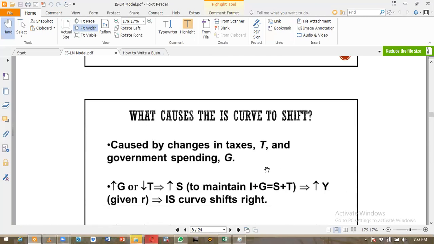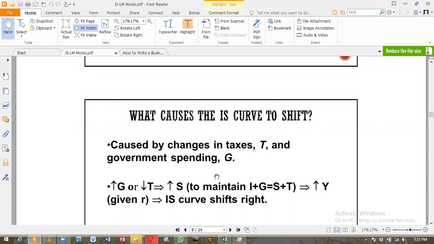What causes the IS curve to shift? It can shift when there's a change in tax or a change in government spending, which means that the IS curve can shift only when there's a change in the autonomous components.